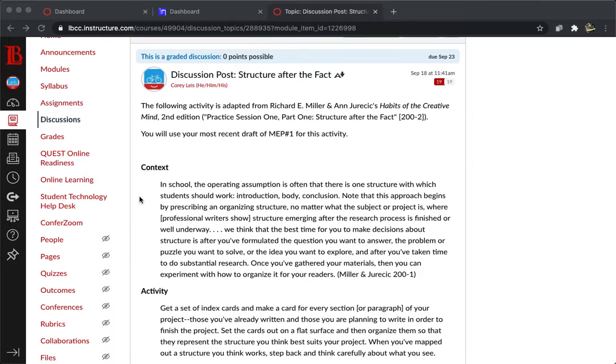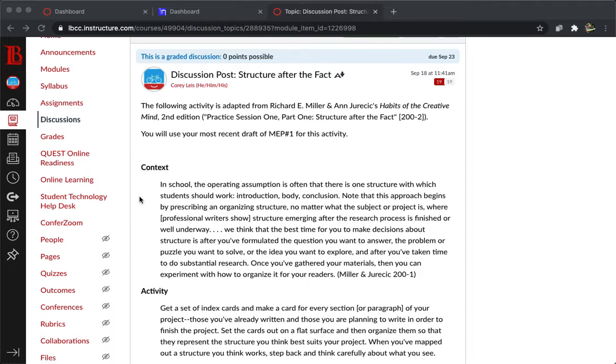Richard E. Miller and Ann Jurecic write, "In school, the operating assumption is often that there is one structure with which students should work: introduction, body, conclusion. Note that this approach begins by prescribing an organizing structure, no matter what the subject or project is, where professional writers show structure emerging after the research process is finished or well underway.